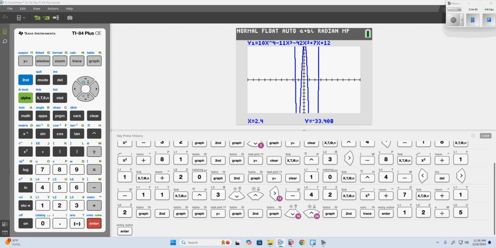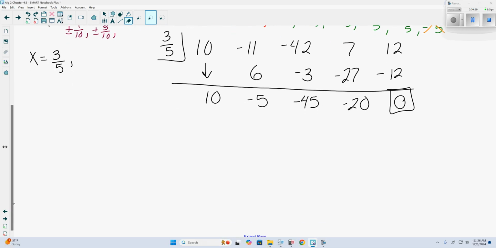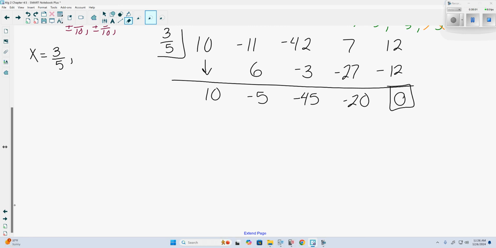Now it could be that negative 3/5 works again, but most likely it's not. So we found the one on the positive side. We could try negative 3/5 and do this here again, because there's going to be a negative one also. Because with negative 3/5, the first number is going to be negative 6. 5 plus negative 6 would give us negative 11.